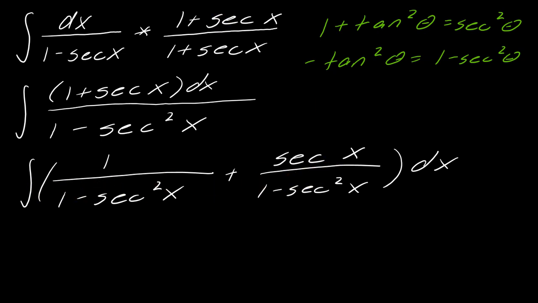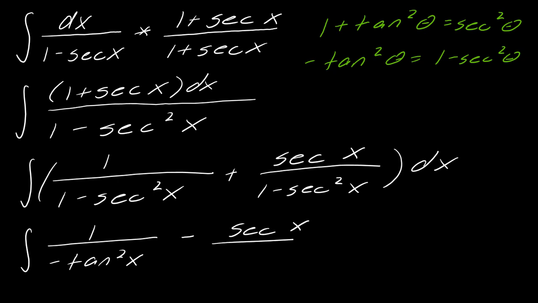So everything now can be rewritten as 1 over negative tangent squared x minus secant x over negative, this should have been plus, tangent squared x. Okay, and so now I think we're making some progress here.